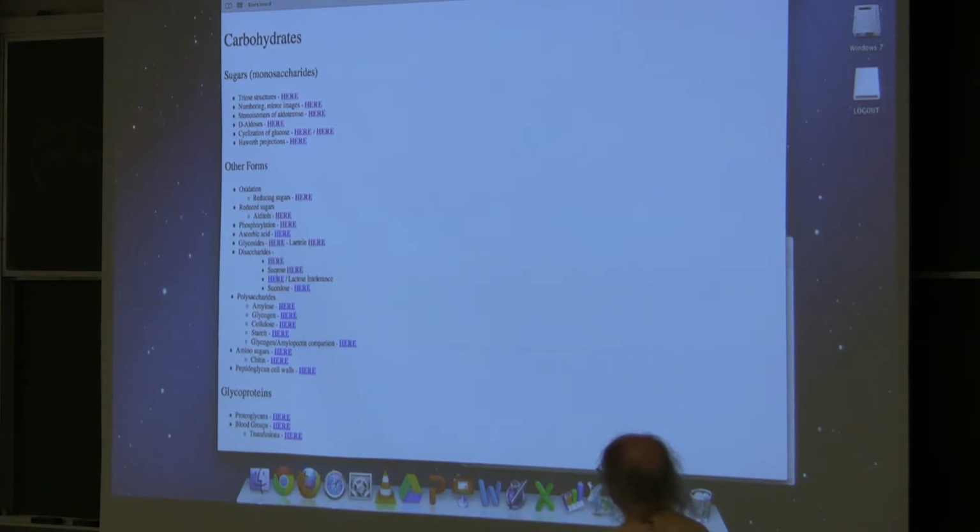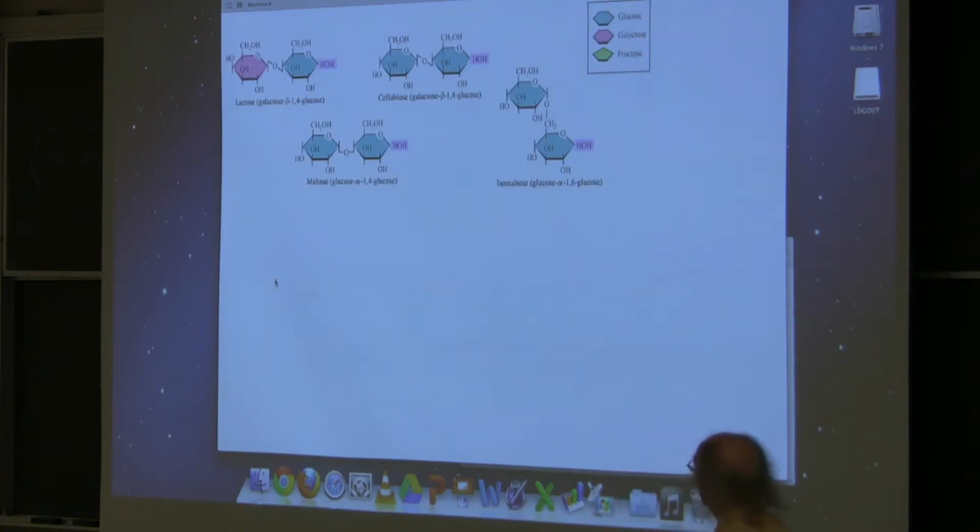All right. Another relevant, and this shows several other relevant disaccharides. I'm not going to ask you to draw the disaccharides, okay, so don't sweat that. But I think you should know what are in them. You should know, for example, that sucrose has fructose and it has glucose, and they're linked by two anomeric carbons joined to each other.